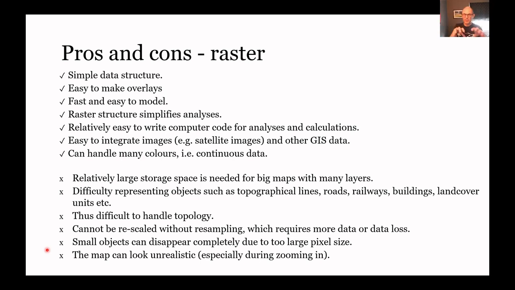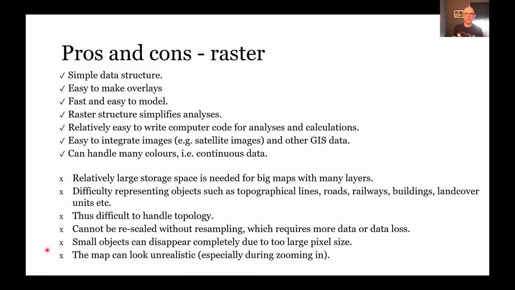And because we don't actually store objects, we're just storing these implicit collections of cells, things don't know that they are connected, they don't know that they belong to each other or have a relationship to each other. We can't have topology, not really. So it tends to be bad in that sense. Network analysis isn't going to work, or any other topological analysis is really not going to work with raster data.